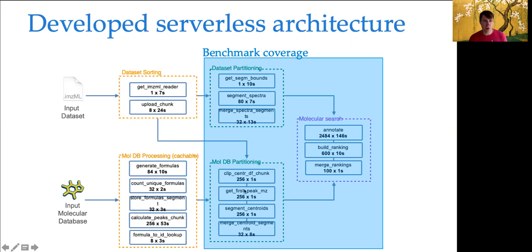Then there is some screening and molecular search performed. Here we are showing some estimates for the times necessary for individual steps. And we have also very carefully selected the steps which need to be benchmarked to compare serverful and serverless architecture.